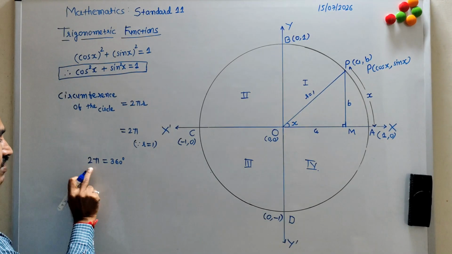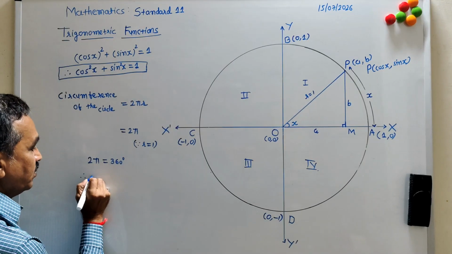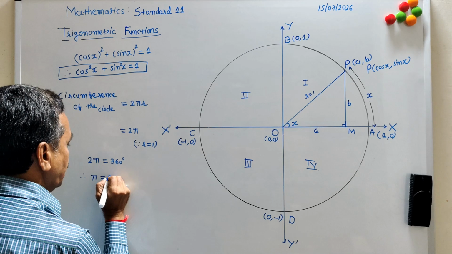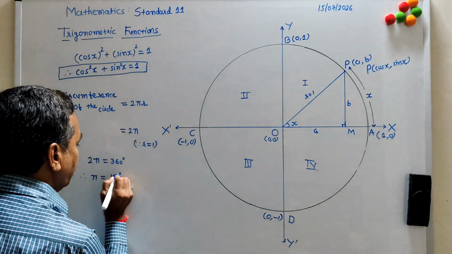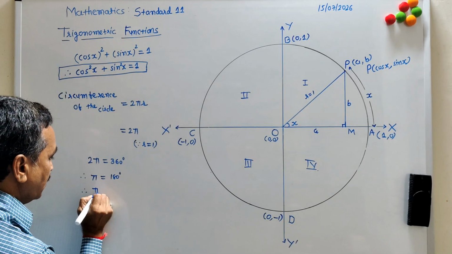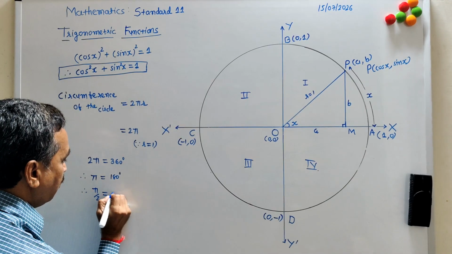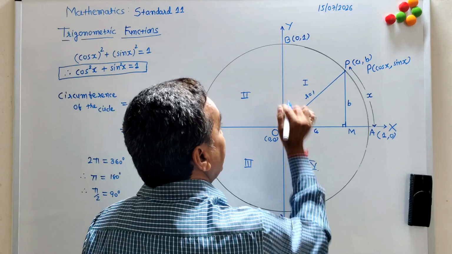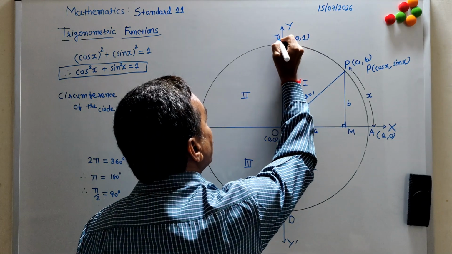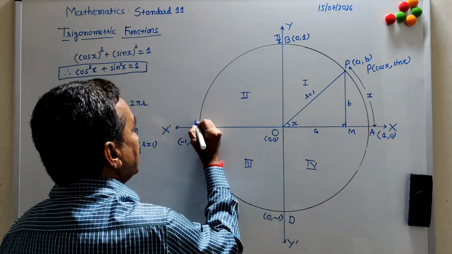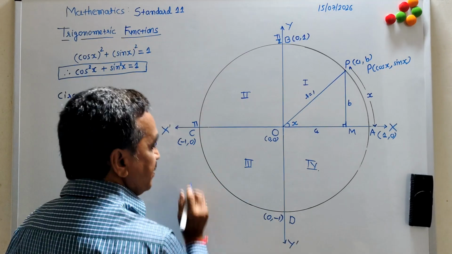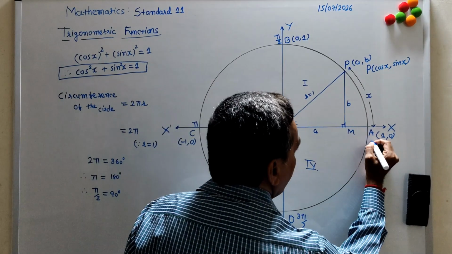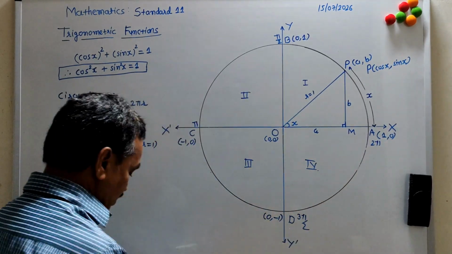Here we take measure in radian. So therefore pi is equal to 360 by 2, 180. Therefore pi by 2 is 90 degree. So this is 90 degree, so here is pi by 2. This is pi, 3 pi by 2 and again 2 pi or 0.